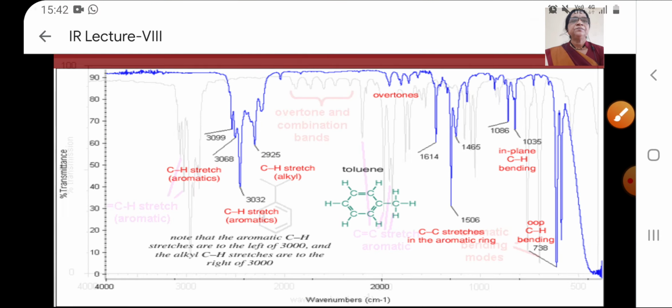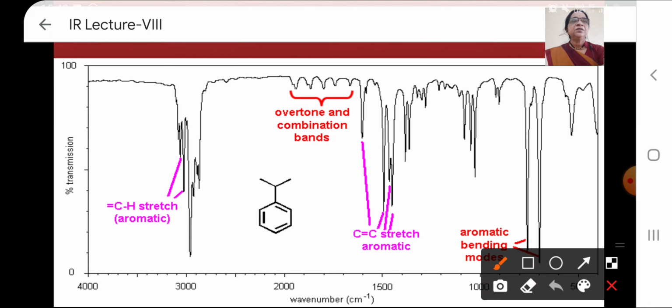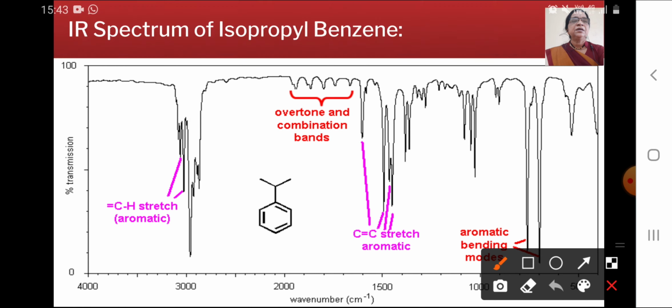Now the next one is the IR spectrum of isopropylbenzene. The aromatic CH bending modes are observed here. We have already studied that this is the aromatic region, starting from 909 to 667. If there is an absorption band here, it indicates that the compound must contain a benzene ring.